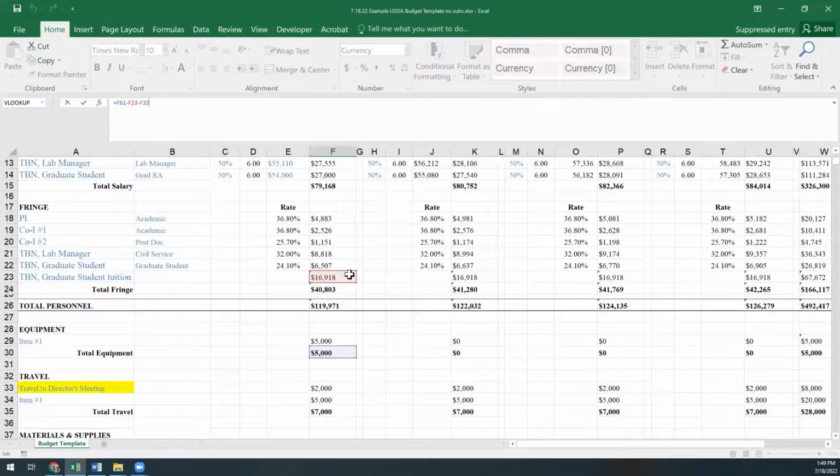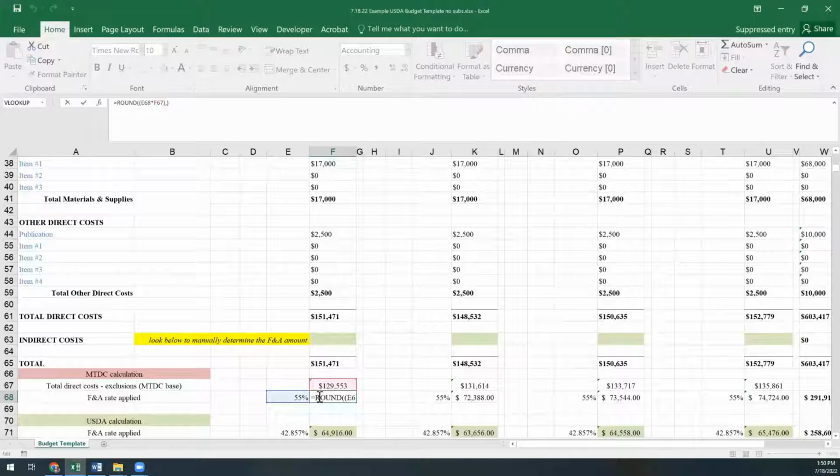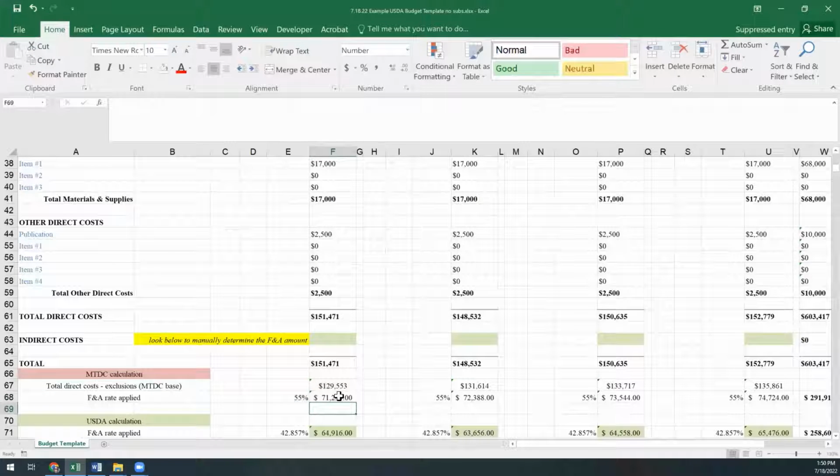The two things in this budget that are excluded from F&A are tuition and the equipment. Once we exclude those from the costs, we have our new base that we are allowed to take the 55% indirect costs on. So you'll see this cell is calculating 55% of the new base to produce the amount of F&A that we're allowed to request in year 1 under the modified total direct cost calculation method.